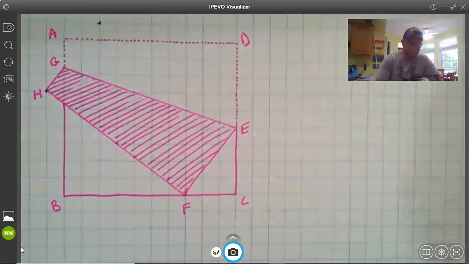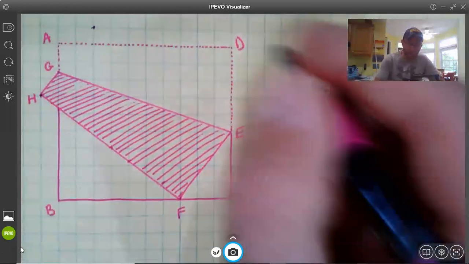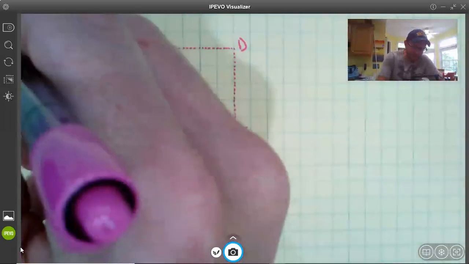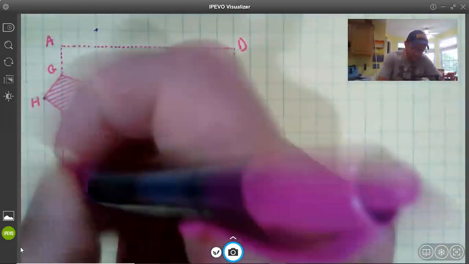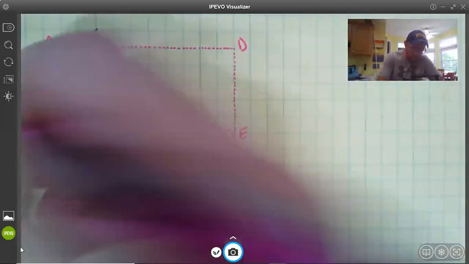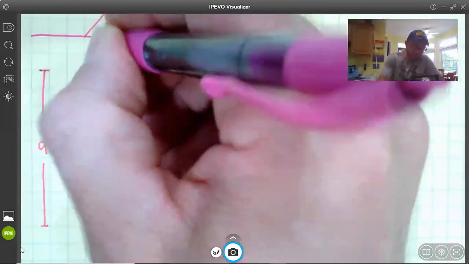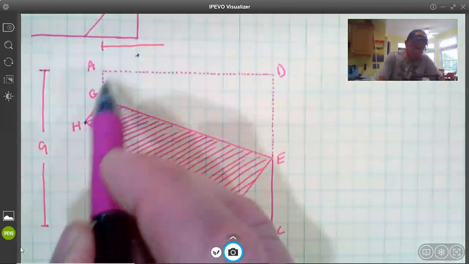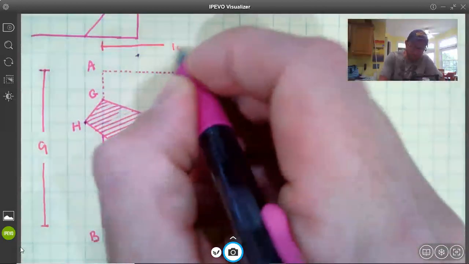So here in this particular paper, I've drawn this on a grid so that the height of the paper is 1, 2, 3, 4, 5, 6, 7, 8, 9 spaces tall. And the width of the paper is 1, 2, 3, 4, 5, 6, 7, 8, 9, 10 spaces.